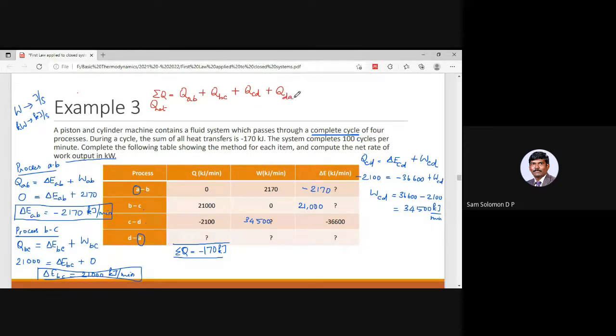Okay, but where you have to be careful is this is given in kilojoule and not in kilojoule per minute, whereas all these are in kilojoule per minute. Okay, and how do I convert kilojoule per minute into kilojoule?